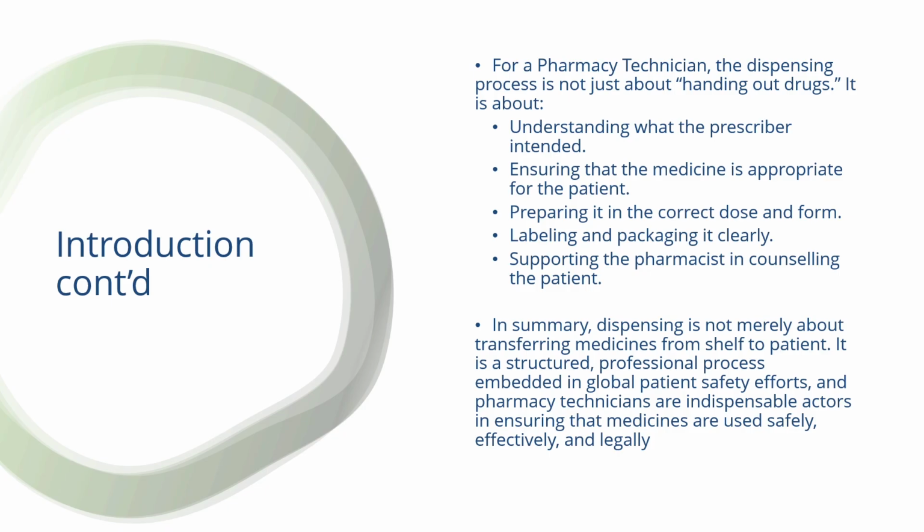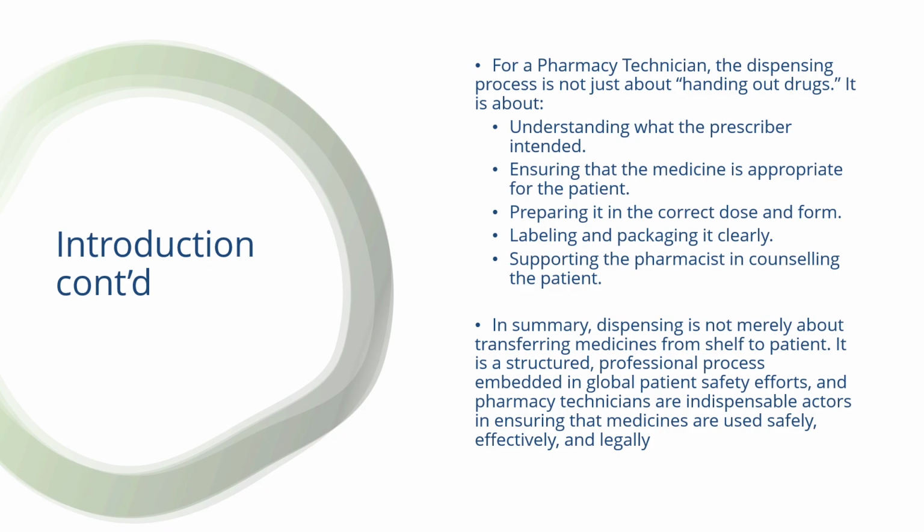Secondly, you have to ensure that the medicine is appropriate for the patient. Meaning it has to be the right drug, in the right dose, administered in the right way. If it's an oral drug, it has to enter the mouth. If it's an IV drug, it has to go to the veins.